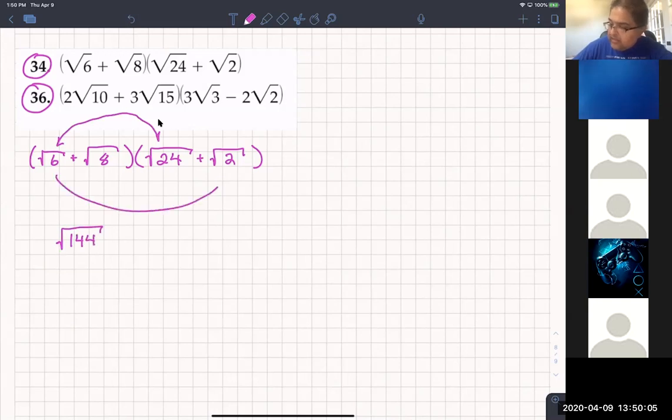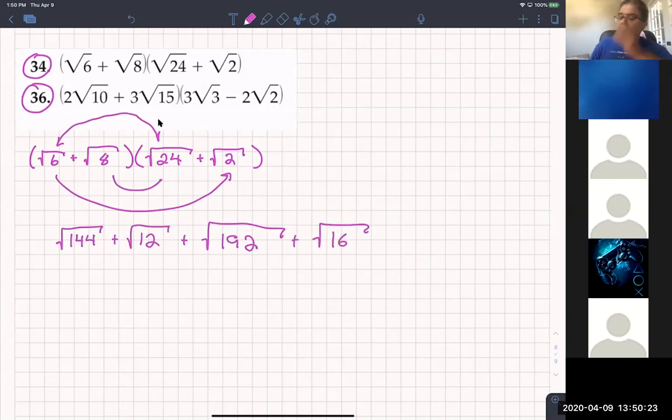Okay, and then we multiply the outside, multiply the inside, and we multiply the last. So which ones can we take out from underneath the radical immediately?